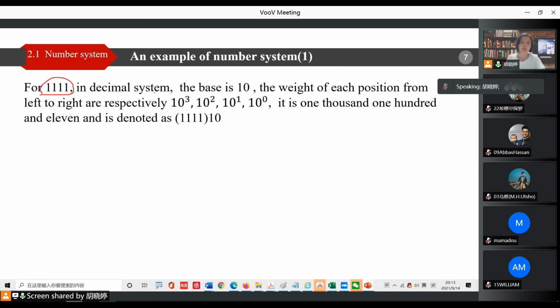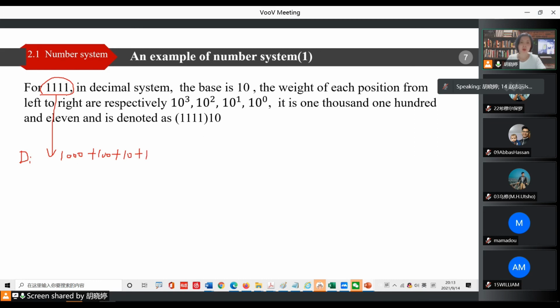In the decimal system, this form represents one thousand one hundred and eleven, that is 1000 plus 100 plus 10 plus 1.